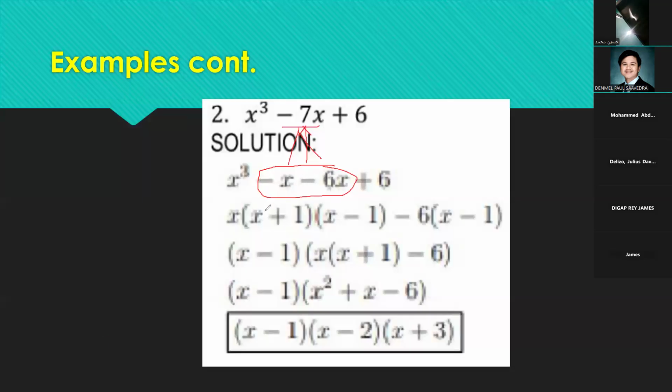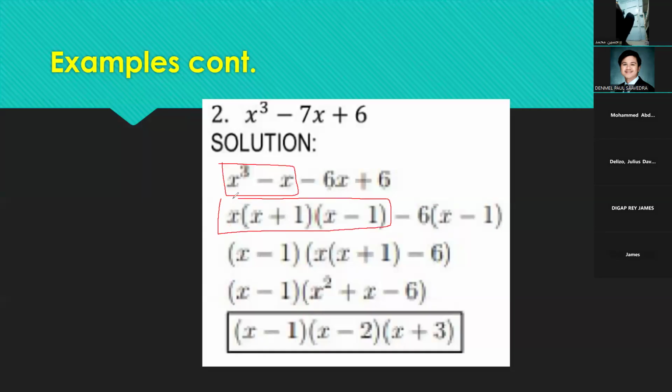We can actually, wait, let me just check. Okay. We can actually transform, let me just erase this one. We can transform this entire x cubed minus x into x times x plus 1 times x minus 1.